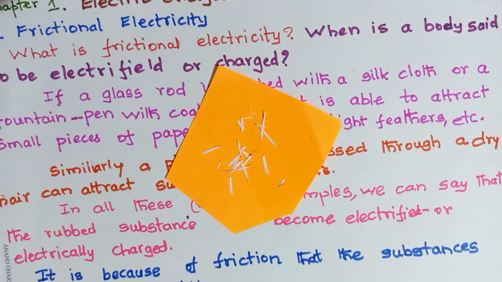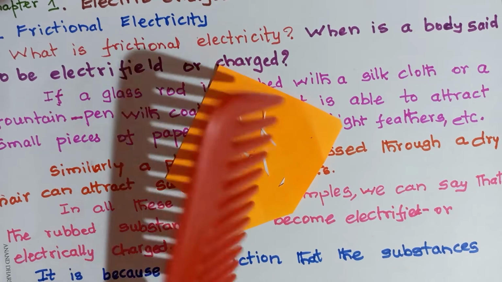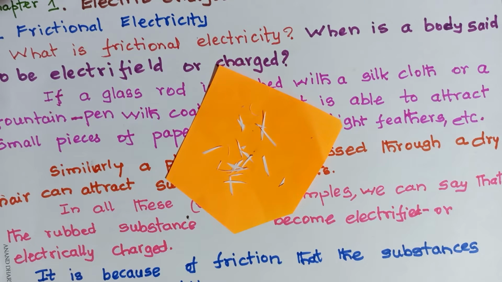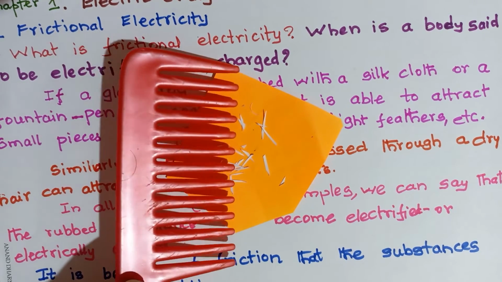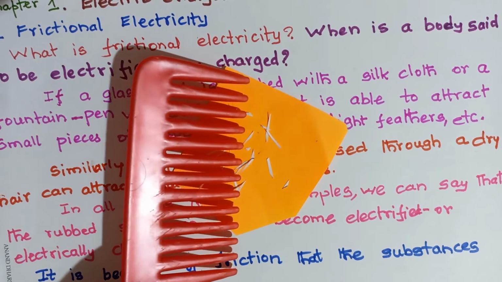Check it, there are paper pieces kept, and I am rubbing the comb through the dry hair, and the comb rubbed with dry hair attracts the paper pieces like that.